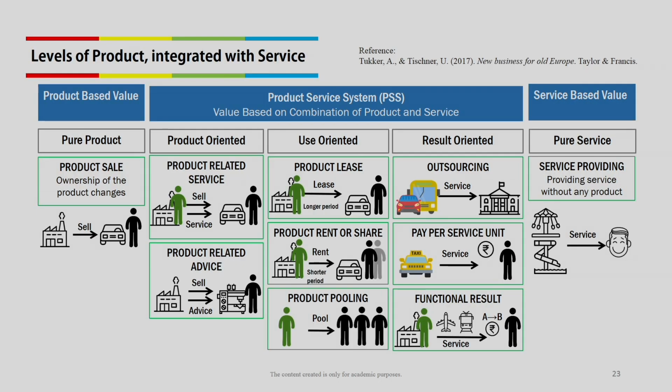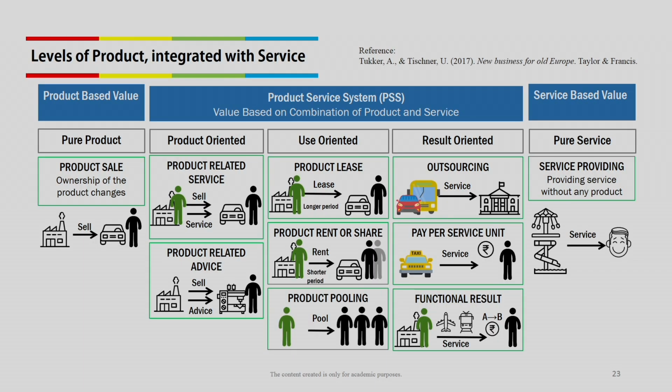For example, IIT Guwahati is outsourcing this facility from Green Valley. So, they are not buying these buses. So, they are taking this service, bus service from Green Valley. Second part is pay per service unit. Good example is any kind of cab service. You are calling the cab, so distance basis you are paying them.